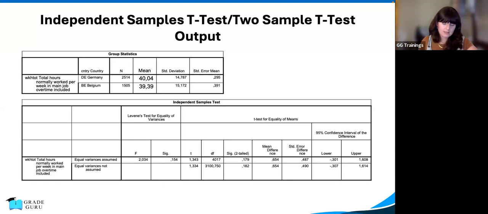But in the test, if they ask you to report the p-value, if you reported 0.182 when the correct answer was 0.179, then you'll lose the mark. So that's what I mean when I say the Levene's test is part of your interpretation. It's part of the process, even though it's not the final conclusion. Does that make more sense?